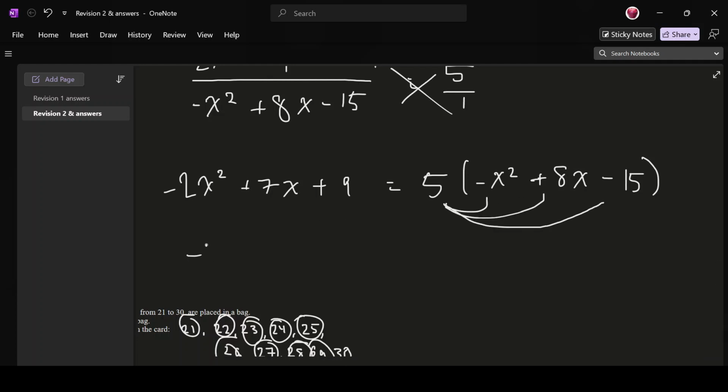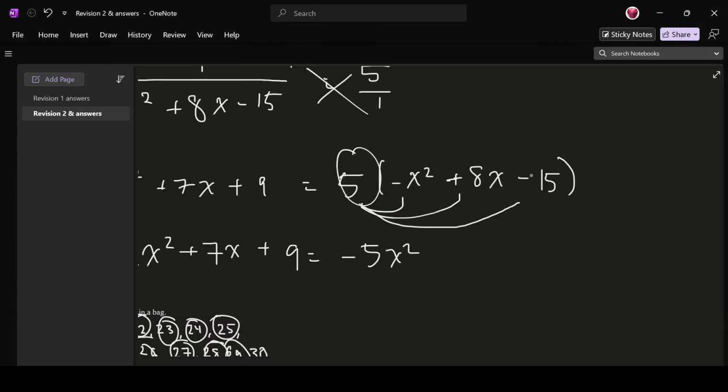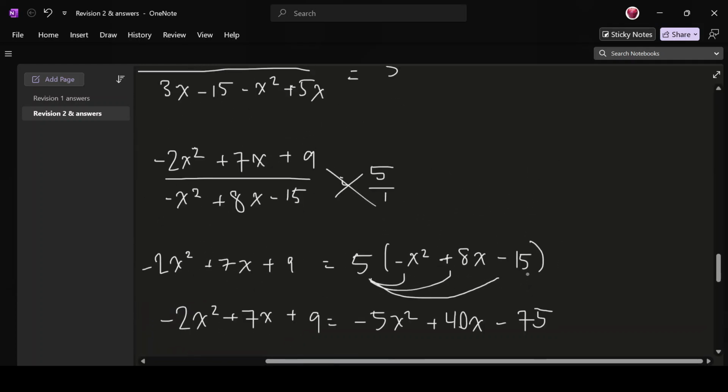I'm gonna rewrite the left hand side because, yeah, there's nothing we can do about it. Alright, so 5 times negative x squared, that's negative 5x squared. 5 times positive 8x, that's positive 40x. And 5 times negative 15, that's negative 75.